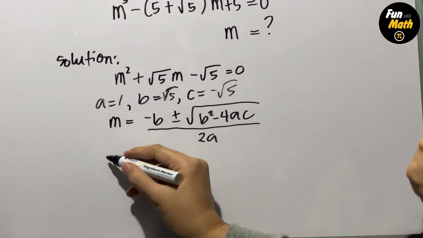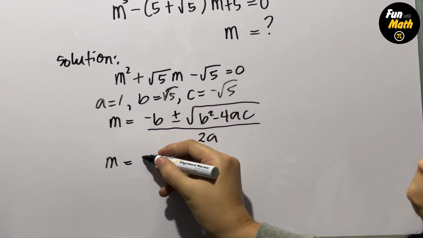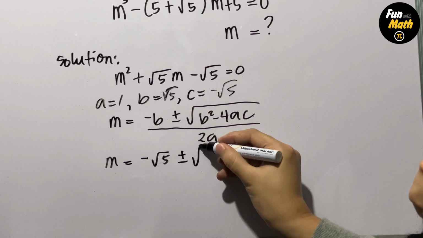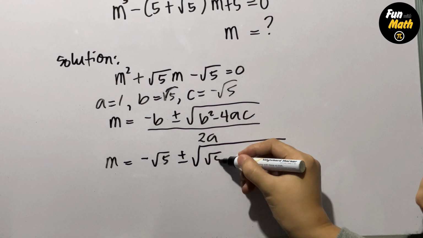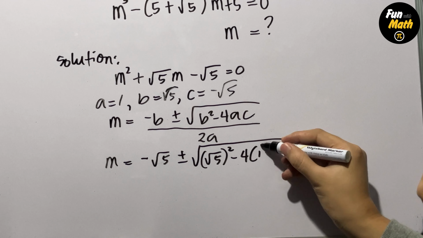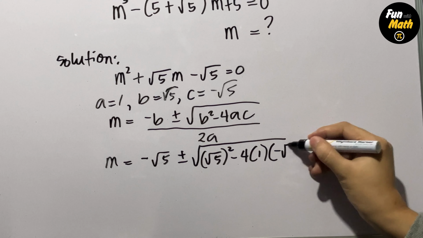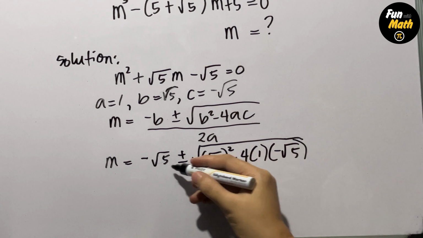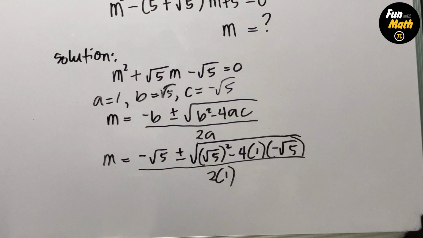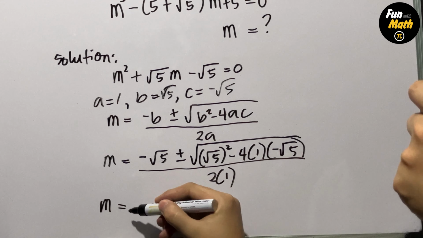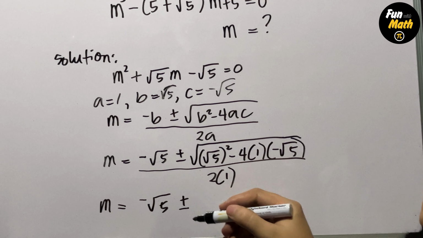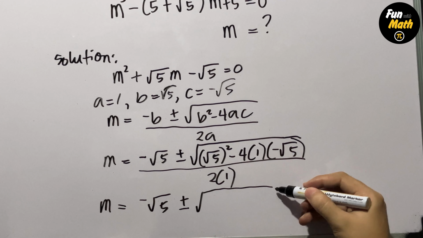So this is m is equal to negative square root of 5, positive negative square root of square root of 5 squared minus 4 times a, that's 1, times c, that's negative square root of 5, all over 2 times a, that's 1. So this just now, m is equal to negative square root of 5, positive negative square root of.